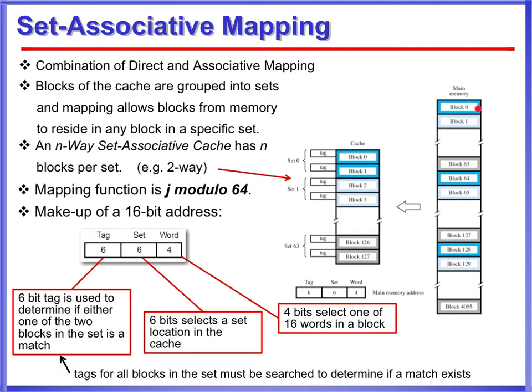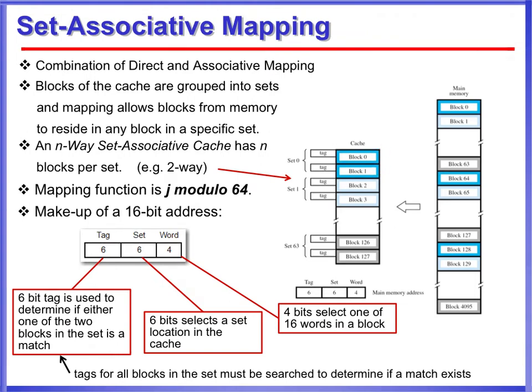Okay? Again, here a block is 16 words. But now because we have two positions, we're going to divide our blocks in main memory. We still have the same number of blocks, 4,096, but instead of grouping in groups of 128, we're going to group them in groups of 64 because we have twice as many positions to hold blocks.